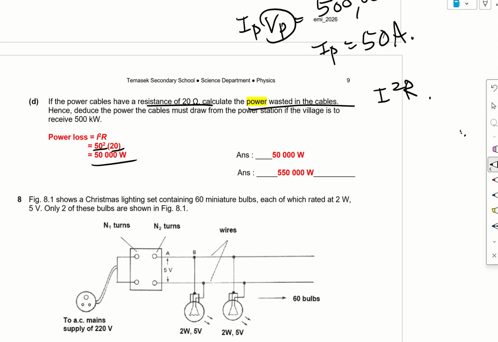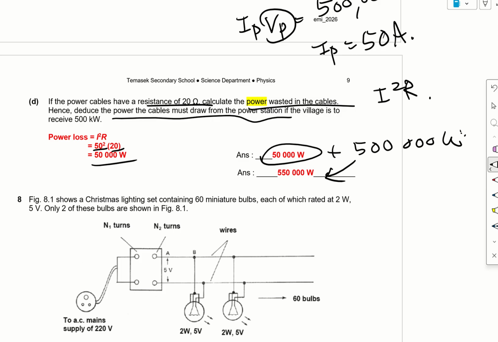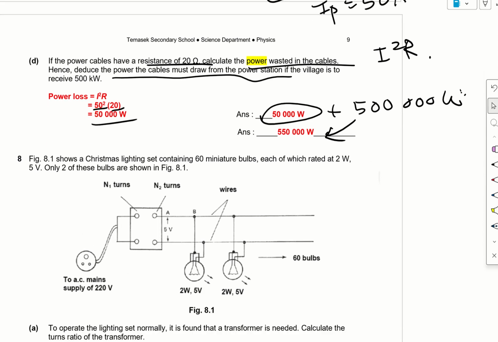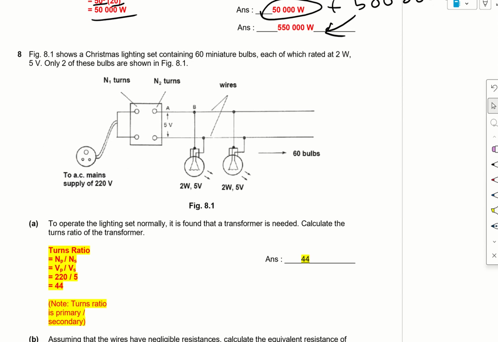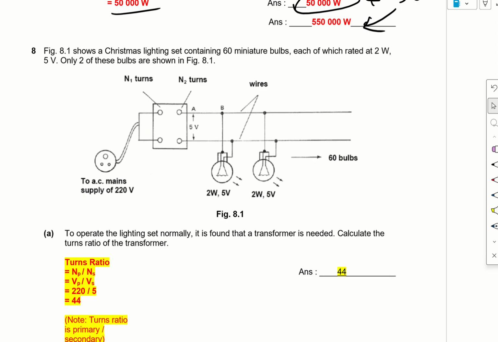Therefore, the power drawn from the power station will be the 500,000 watts in addition to this, giving us 550,000 watts. This kind of question is quite typical in O level.